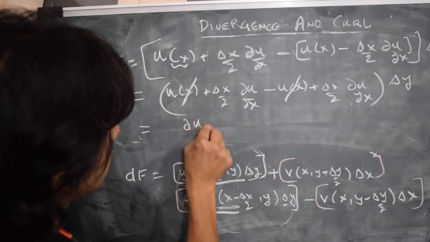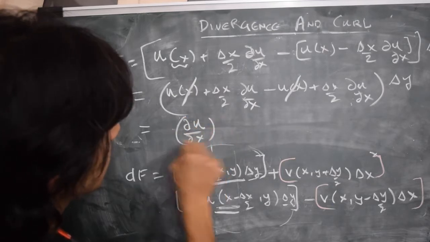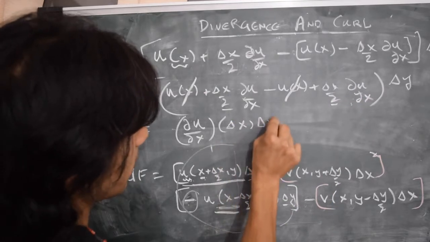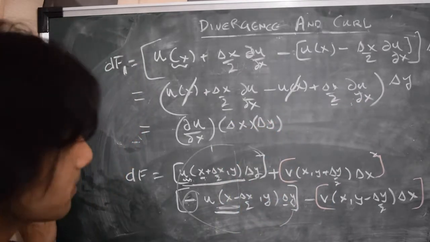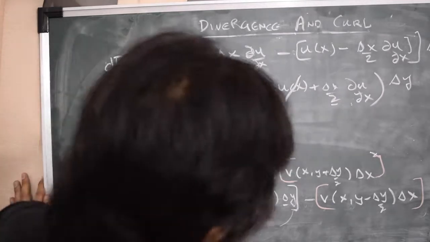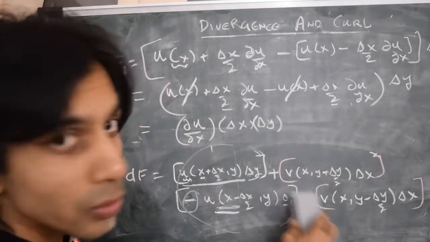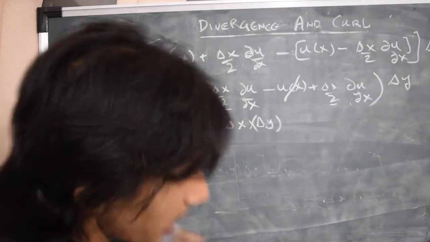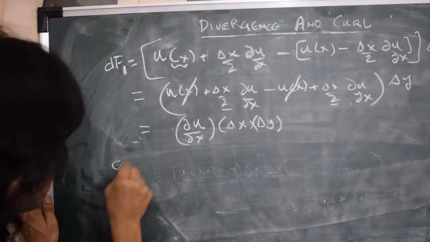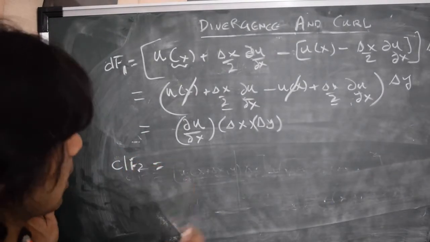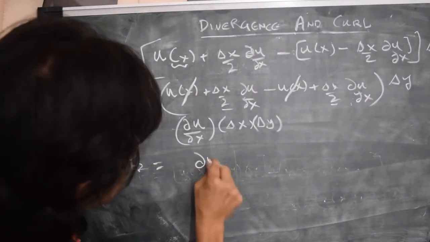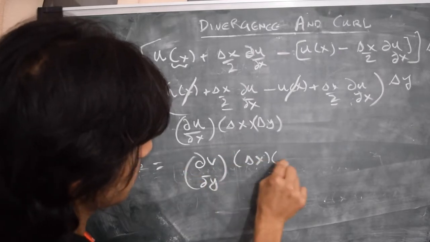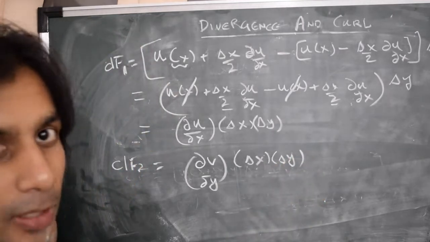So we have the partial derivative of u with respect to x times delta x delta y. Likewise, if we take these 2 terms and do a Taylor series expansion of v, we'll find the second part of the flux, which is dv/dy times delta x delta y.